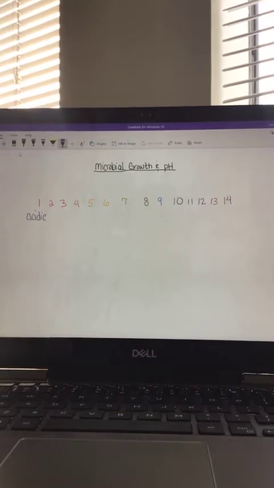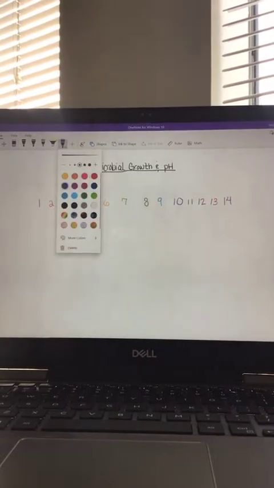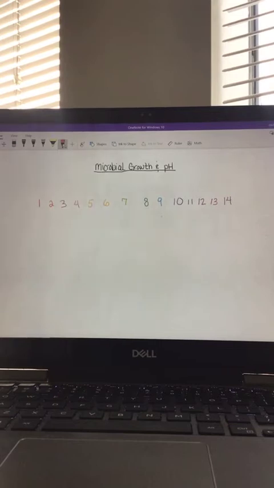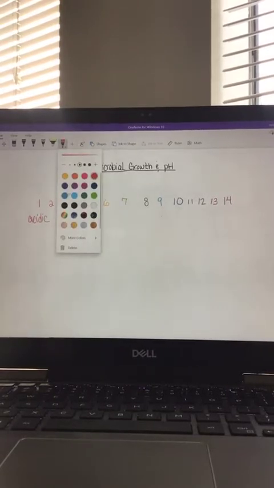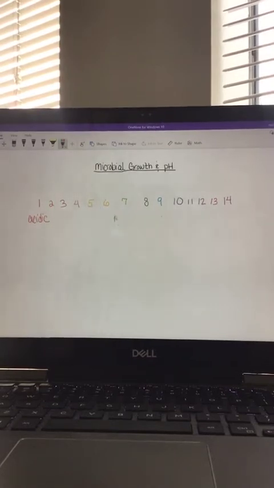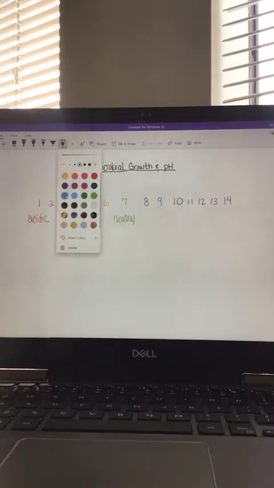I should change the color to red because I like color coding. And 7 range being neutral. And 14, well, what color?